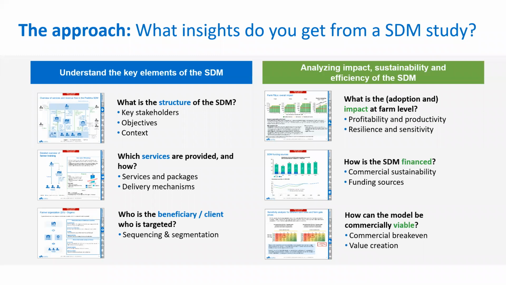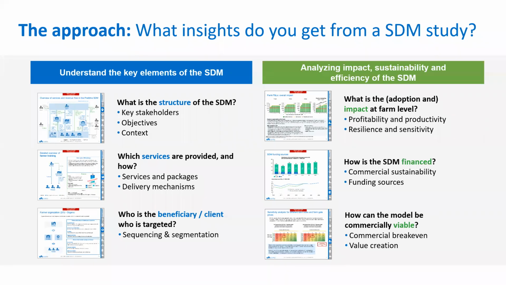The descriptive part of the report is very much about understanding the structure of the SDM. Who are the key stakeholders? What are their objectives? What is the context within which this SDM is operating? Then we look at which services are provided, by whom, and how.